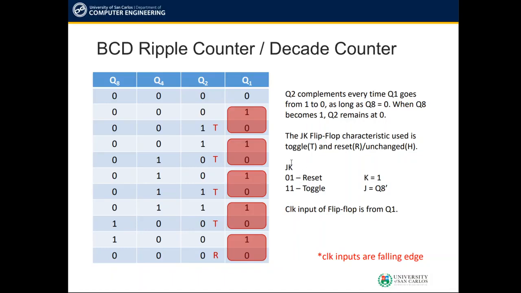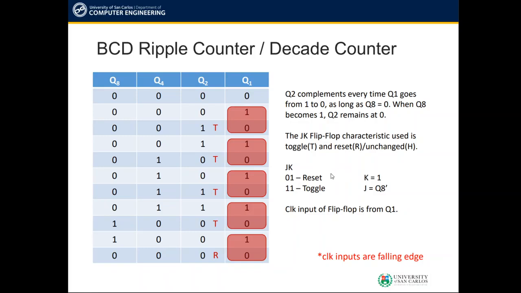Since we use reset and toggle for this scenario, we can now create the equivalent equations for your J and K values. This is why I used the reset: because K is 1 in both toggle and reset, the value of your K is 1, so you don't need any other circuits related to this.